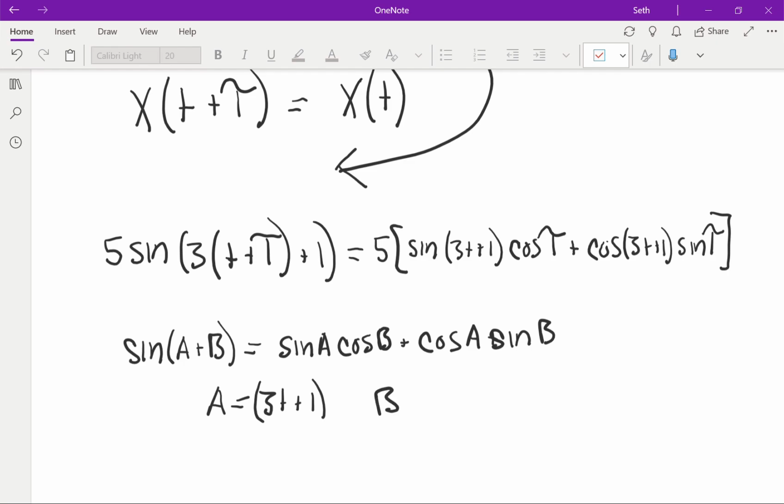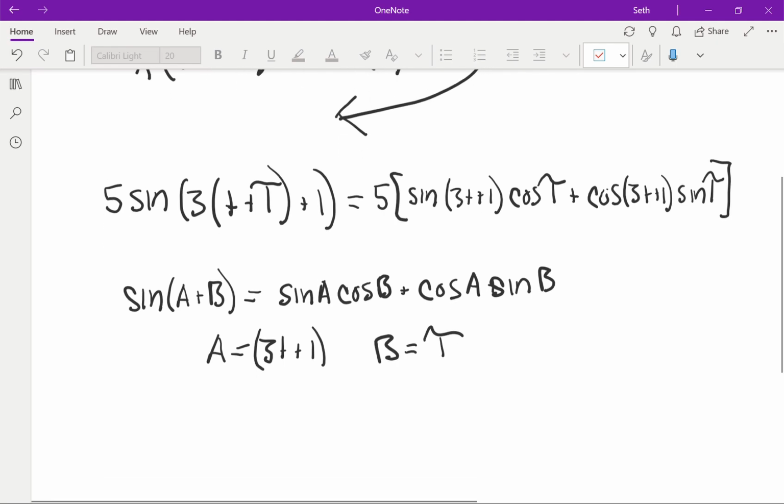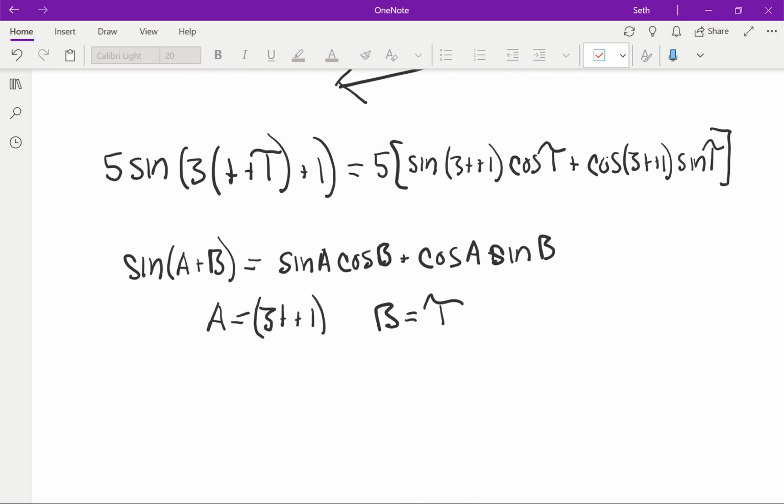In this case, A is equal to 3t plus 1 and B is equal to tau, and you can see that if you just multiply out the phase here, you get 3t plus 3 tau plus 1. Sorry, we're missing a 3 up here. It's going to be 3 tau.